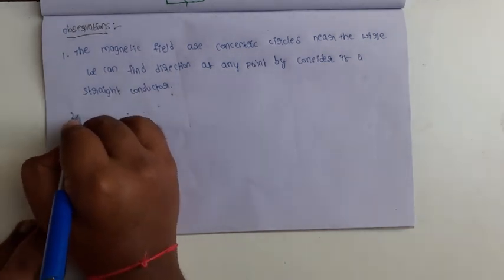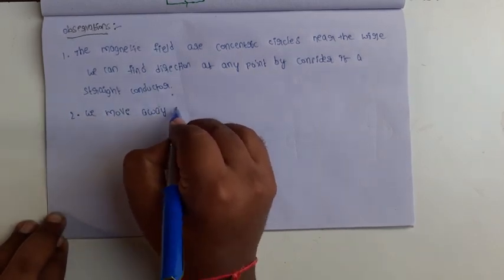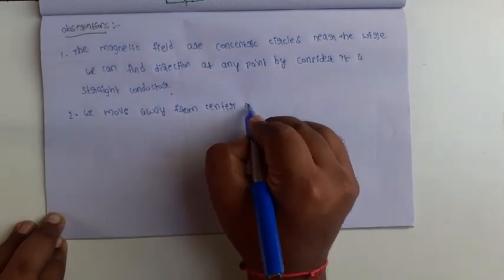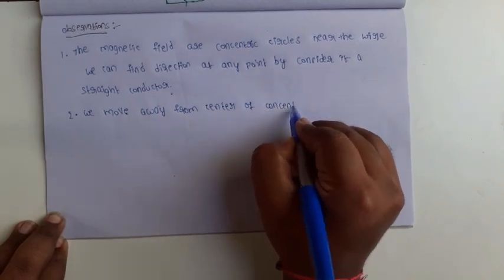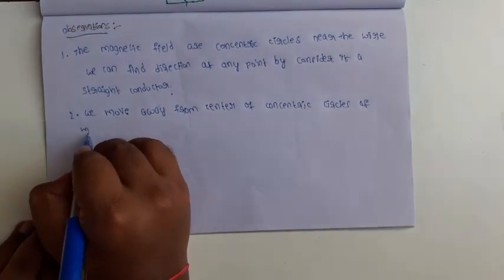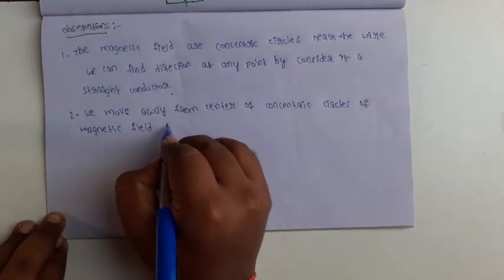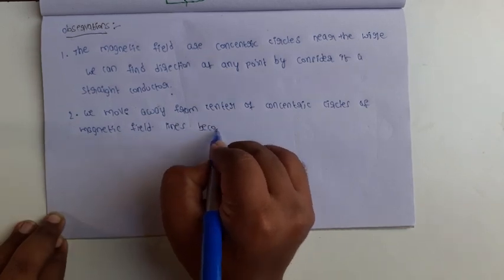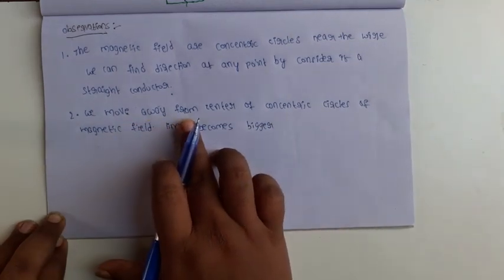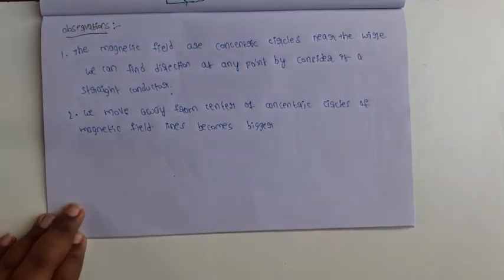The second point is, as we move away from the center of the concentric circles of magnetic field lines, they become bigger.